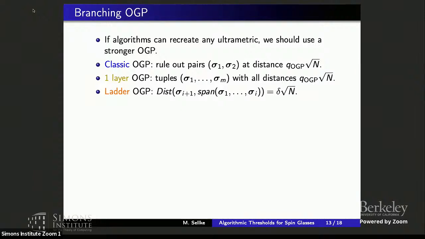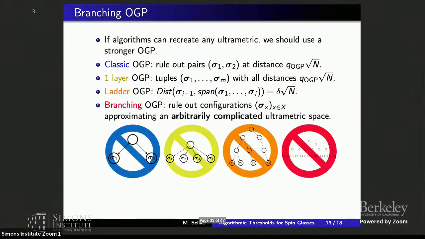There's also something you might call a ladder OGP with some kind of multi-distance thing like what Bryce was talking about. In a branching OGP, we're going to be ruling out configurations that approximate an arbitrarily complicated ultrametric space. I suggest that we call it deep OGP. Deep OGP.